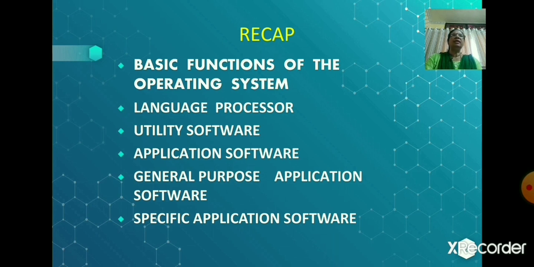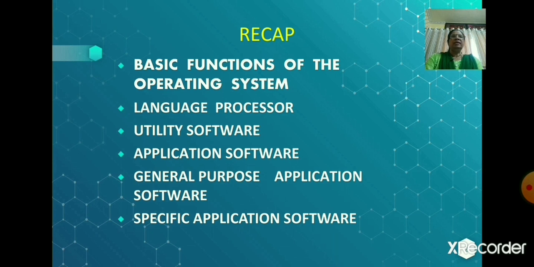It translates a program written in a computer language. Then utility software: antivirus, backup, compression, these are all utility software. The next, application software: MS Word, MS Office, PowerPoint, DTP. These are all application software.